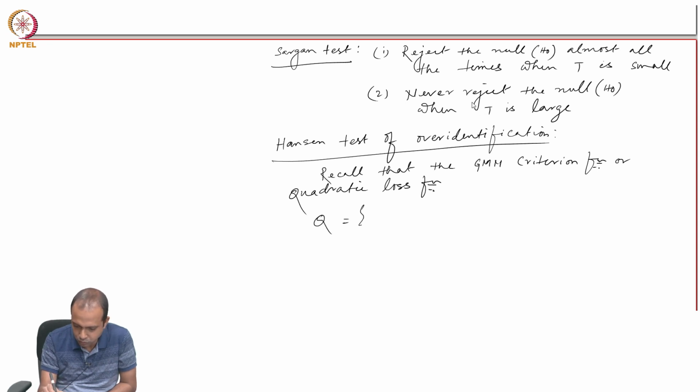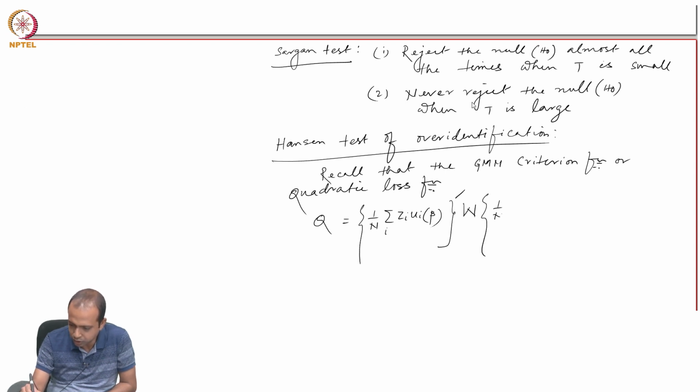Q equals (1/n) summation z_i u_i(beta), transpose, W the weight matrix, times (1/n) summation z_i u_i(beta).